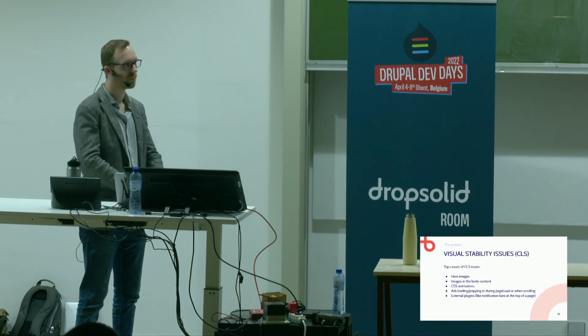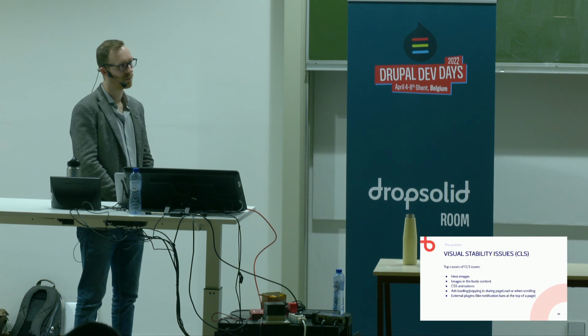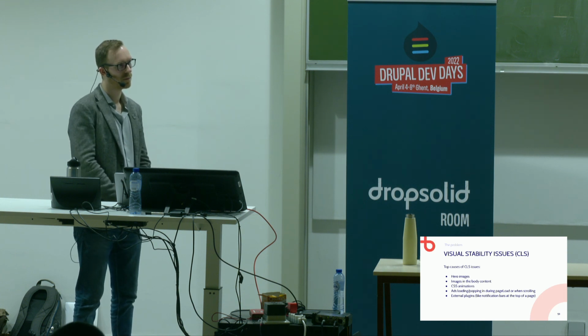What can you do to fix this problem with CSS animation? Because websites now have a lot of animation, a lot of movement, so it's quite common that the page is building while you're scrolling. So how do you manage this problem with this feature?